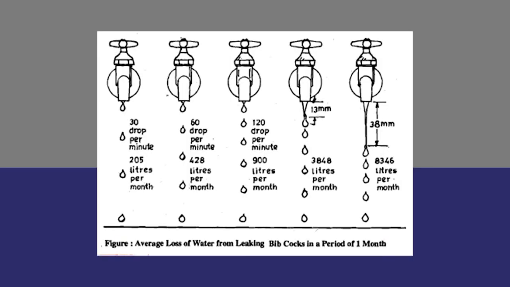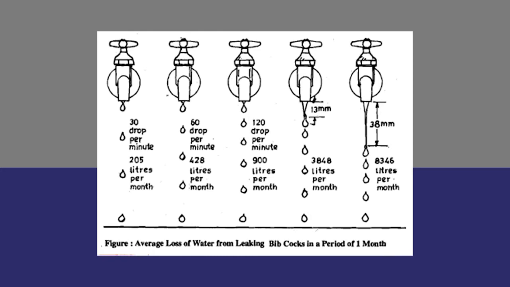Here we see the picture of average loss of water from a leaking bibcock in a period of 1 month. In the first picture, with 30 drops per minute leaking, 205 liters per month of water is lost. In the second picture, at 60 drops per minute, the water loss is 428 liters per month. In the third picture, at 120 drops per minute, the water loss is 900 liters per month.